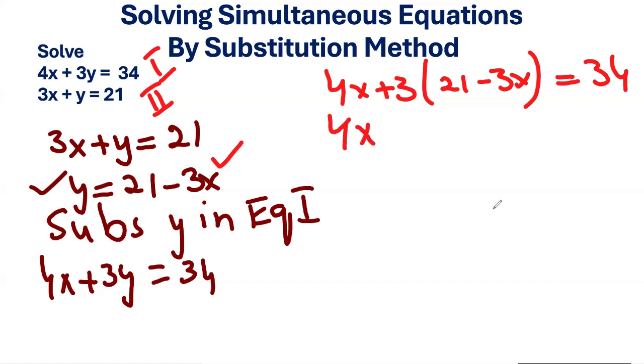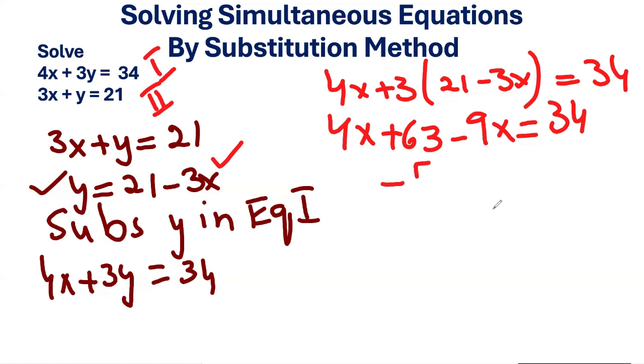What is the other step? 3 multiplied by 21. So 3 ones are 3 and 3 twos are 6. 3 multiplied by minus 3x will give you minus 9x is equal to 34. What is the next step? You can solve x. 4x minus 9x will give you minus 5x.